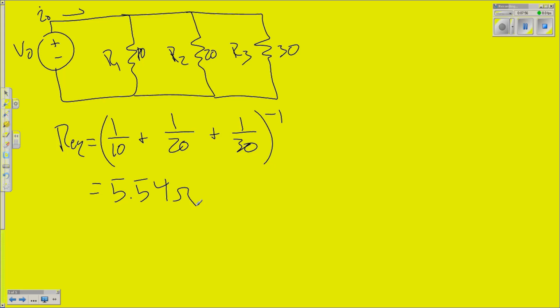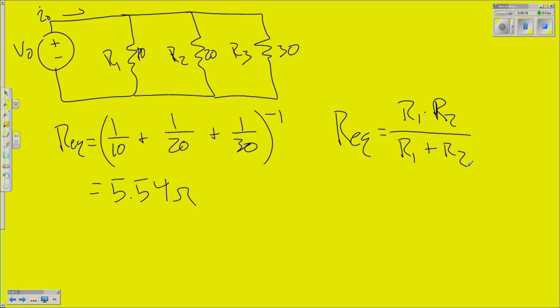What we can do to simplify this and do it in your head quite a bit faster. At least for me, I have a hard time adding up fractions like that with all the conversions in the denominator. What we can do is say between any 2 of these elements, let's say R1 and R2, REQ is equal to R1 times R2 over R1 plus R2.